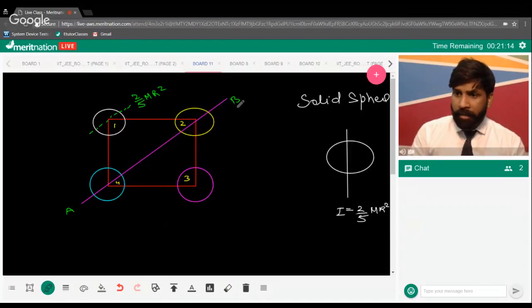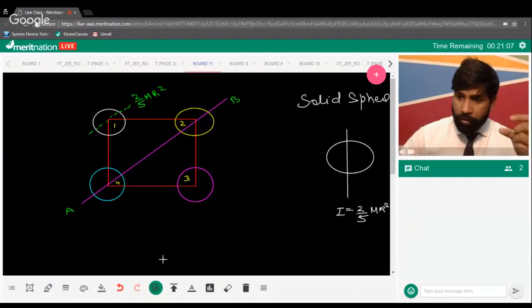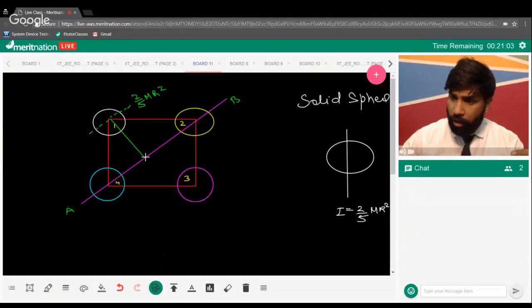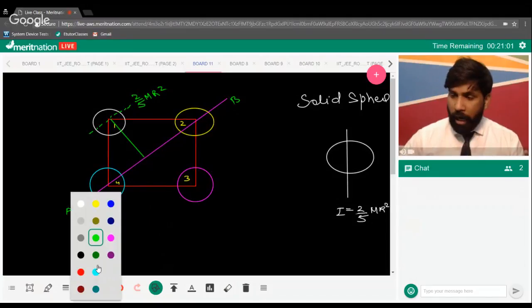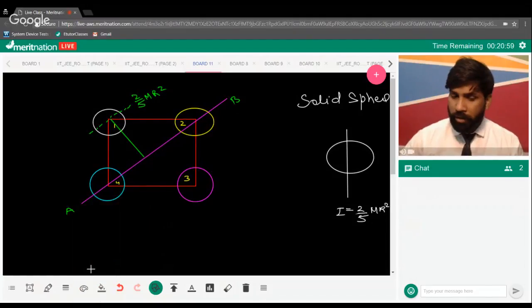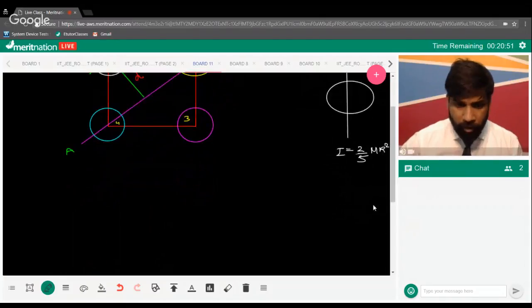How can we find the moment of inertia about this pink color axis? By simply using the parallel axis theorem, because here we can find the perpendicular distance between the first solid sphere and this pink color axis. How can we find the perpendicular distance between them? Simple mathematics. Suppose the distance between them is d. Let me first find the perpendicular distance.